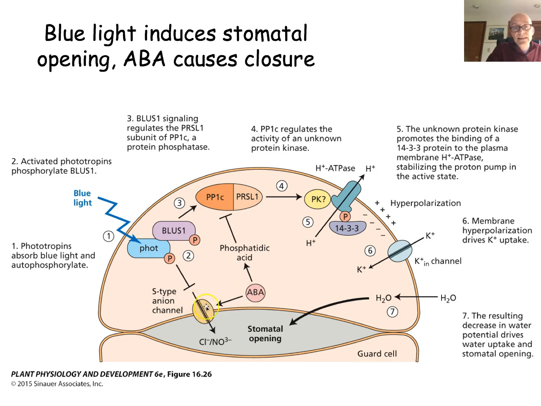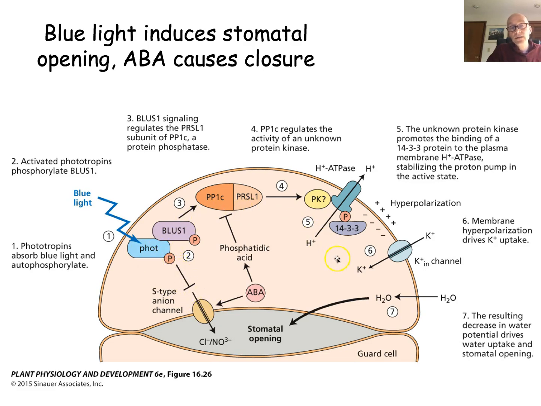It activates this anion channel where exactly the opposite occurs, right? So here's a positive charge that's coming out that's causing the water to move in. Here's negative charge moving out, changing the pathway in the opposite direction. And so ABA will activate this, phototropin will deactivate that.